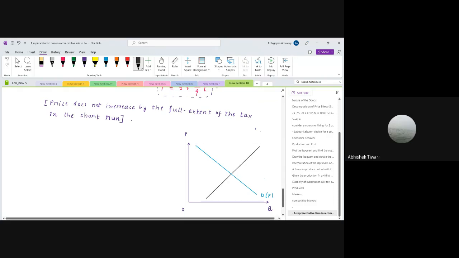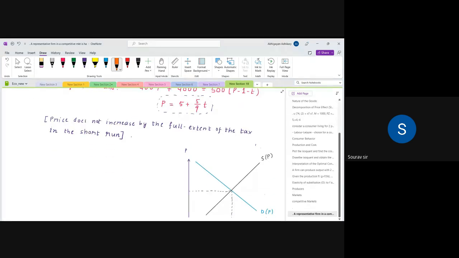Sir, the degree of the price transfers depends on the responsiveness of the market, like the elasticities. Yes. So over here, 5 by 9 is a little bit more biased towards consumers, more than 50% of the burden is being given to the consumers. That is what you can say.